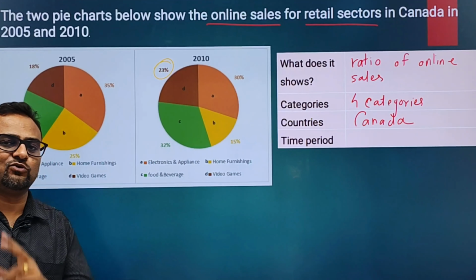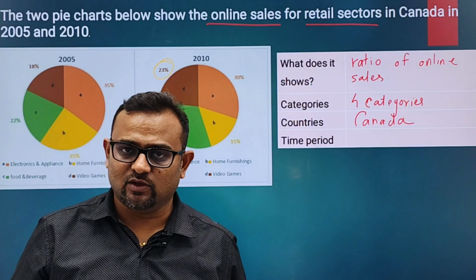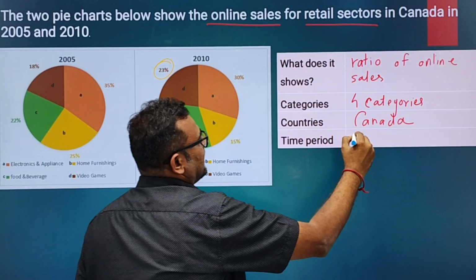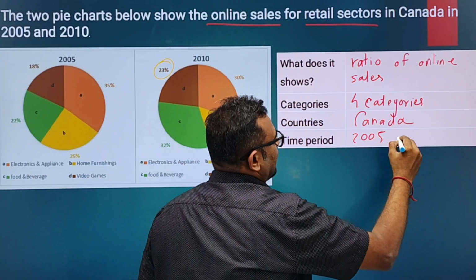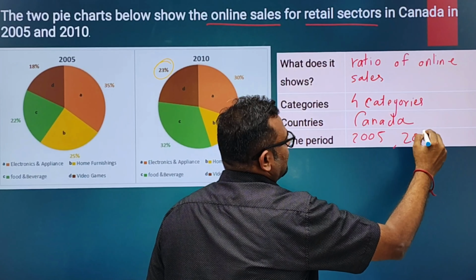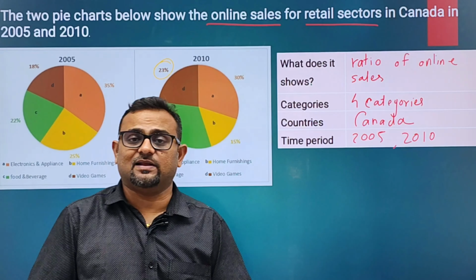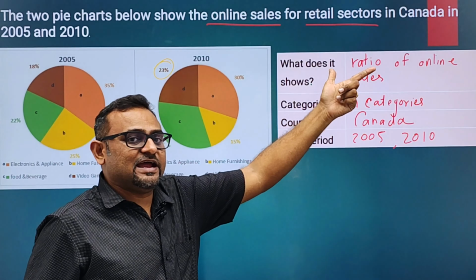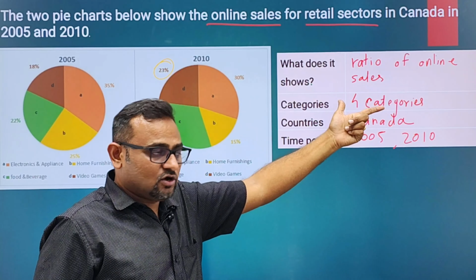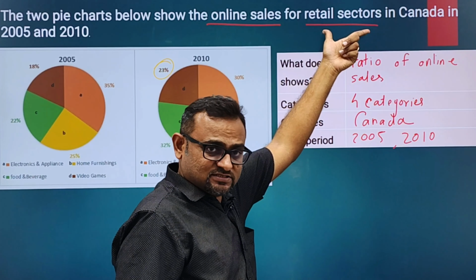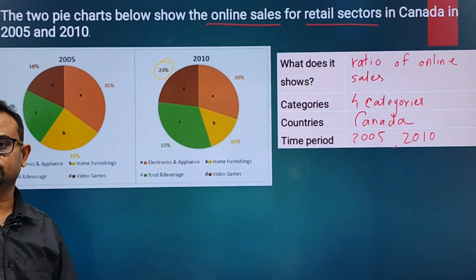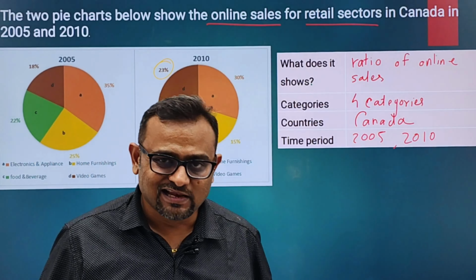In time period, there are two specific time periods given in this pie chart: 2005 and 2010. Now, either write four categories, or I will say four retail sectors, or list them out. I will prefer to list them out.